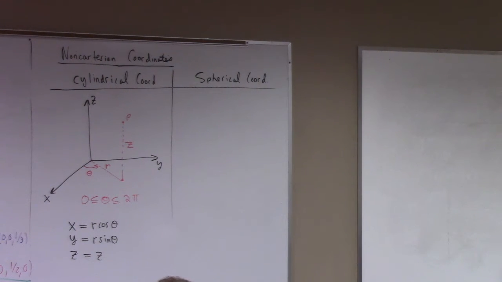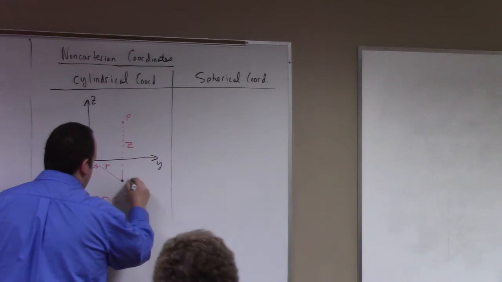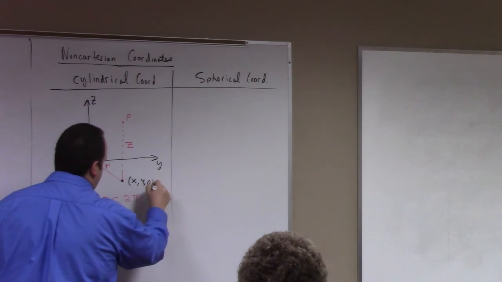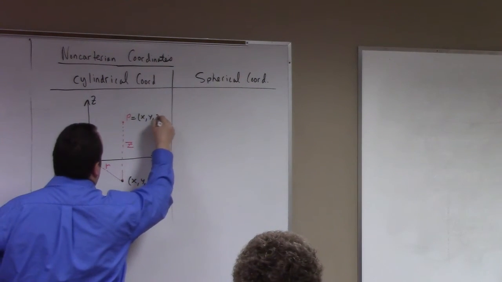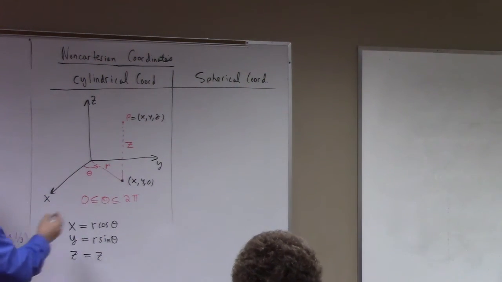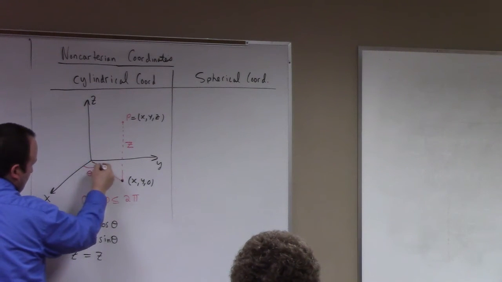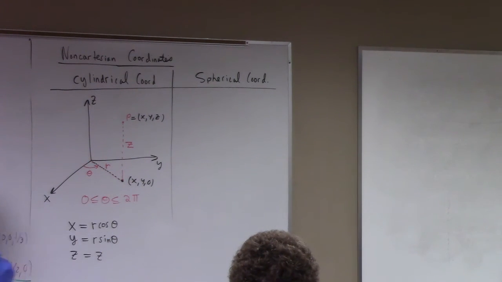They just have the same z. Kind of boring. Does that make sense so far? I mean, this point right here would be x comma y comma 0. This point P, I'm saying, is the point x, y, z, right? So the length of this line in the xy plane is the square root of x squared plus y squared also, right?